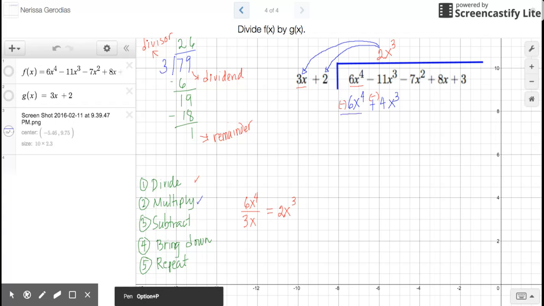And then I'll add. So 6x to the fourth plus negative 6x to the fourth is 0. Negative 11x cubed plus negative 4x cubed is negative 15x cubed. So I'm done subtracting. Now I will bring down the next term. So minus 7x squared.